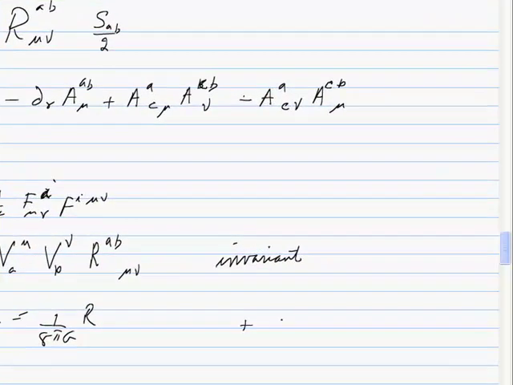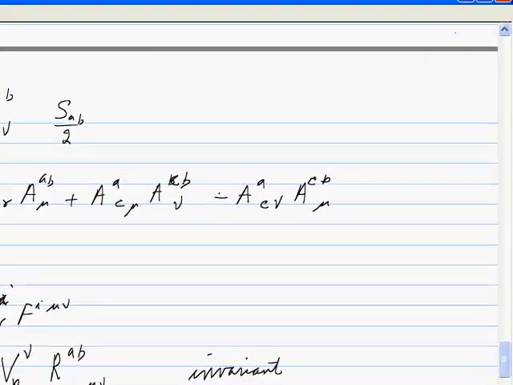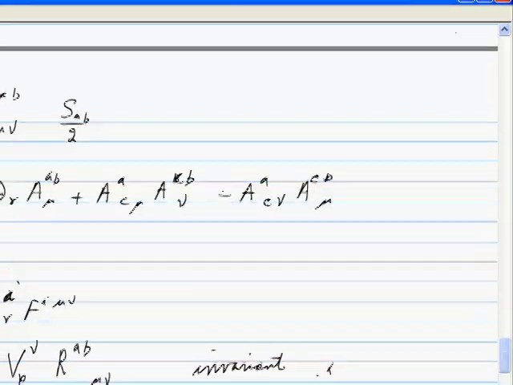And then you, of course, could do R^{AB}_{μν} R_{AB}^{μν} plus R squared terms, which also works. So this is our first difference.